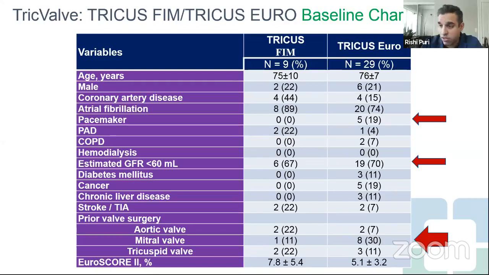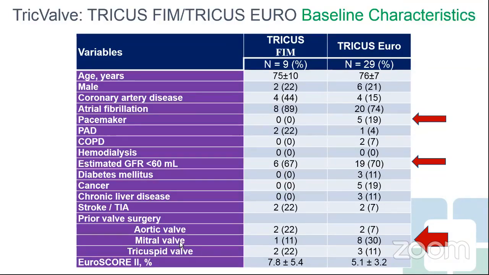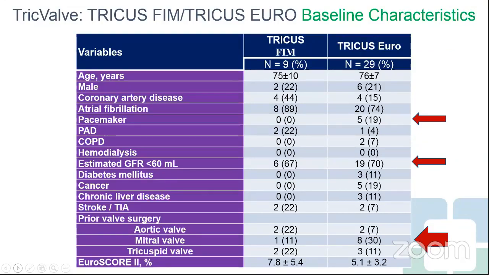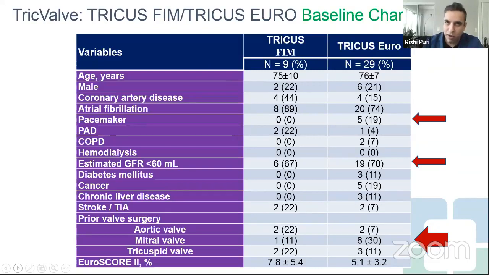A lot of these patients had previous open heart surgery. EuroScores early on were obviously higher because these were the extreme risk patients, and we see the EuroSCORE trending downwards in some of the more recent patients that were enrolled. Patients with low GFR, this is going to be an issue when dealing with transcatheter tricuspid valve solutions, because invariably these patients almost always have some degree of renal insufficiency.